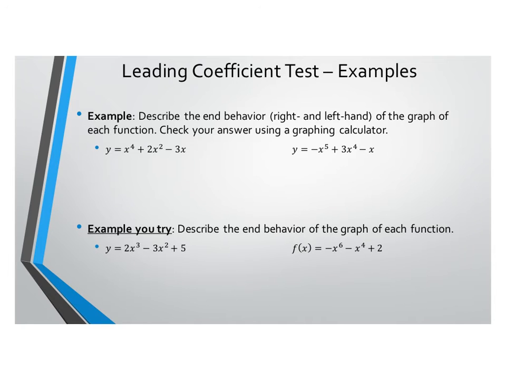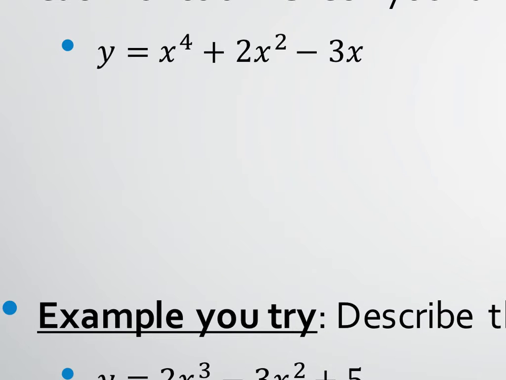So notice in our next example, we're going to describe the left and right end behavior of the graph of each function, and we're just going to get going. The first thing I would do is look at the degree. I notice my degree is an even number and our leading coefficient is positive. So that tells me we're going to have the same behavior. Remember, if it is even and positive, then we have up left, up right.